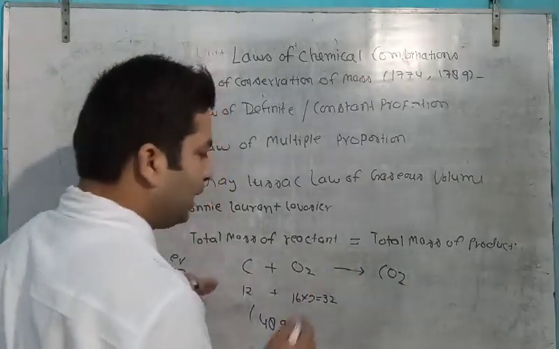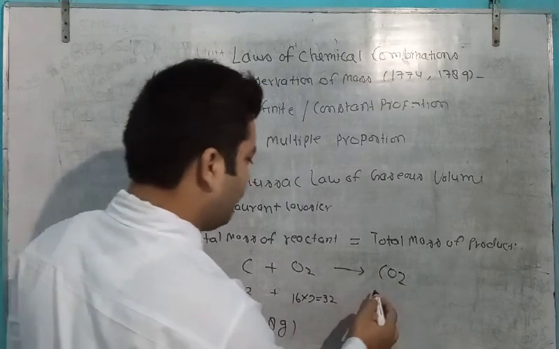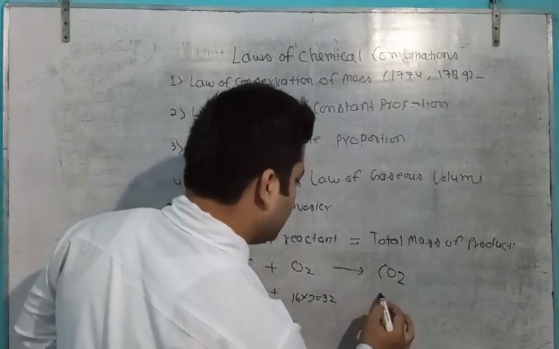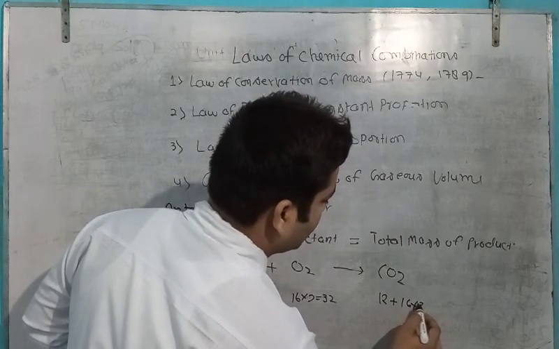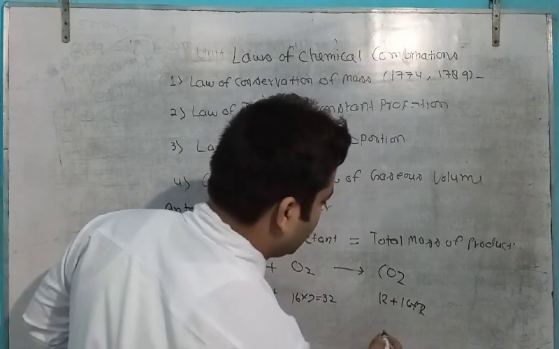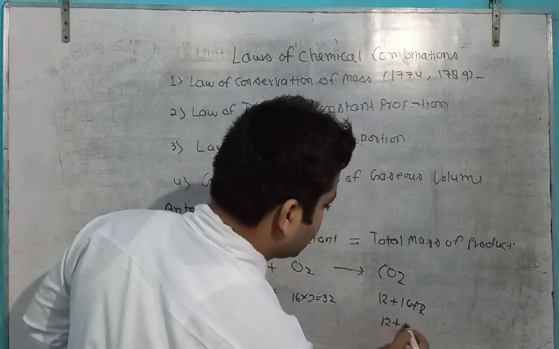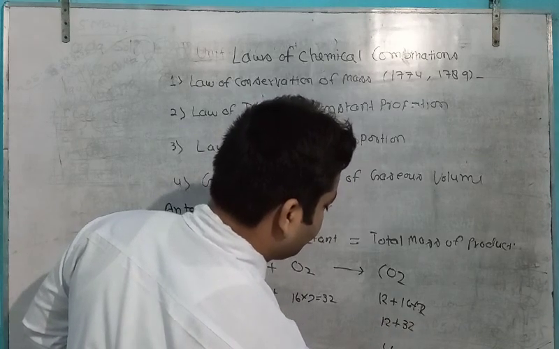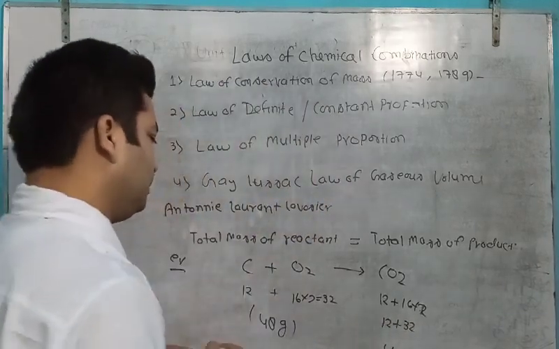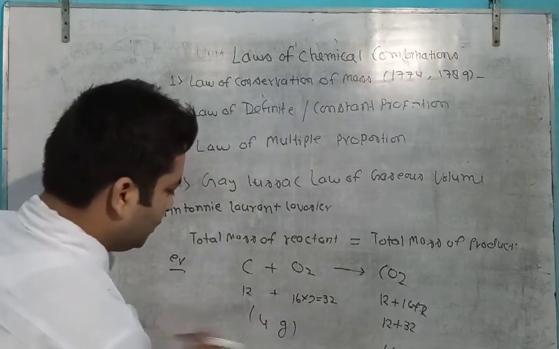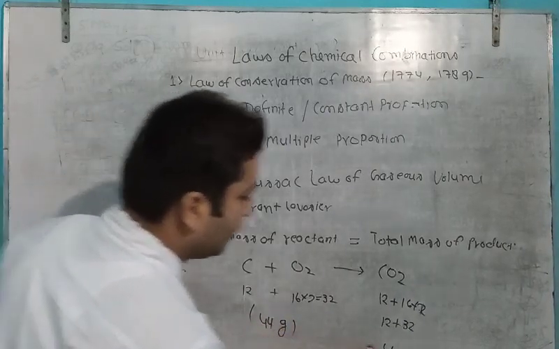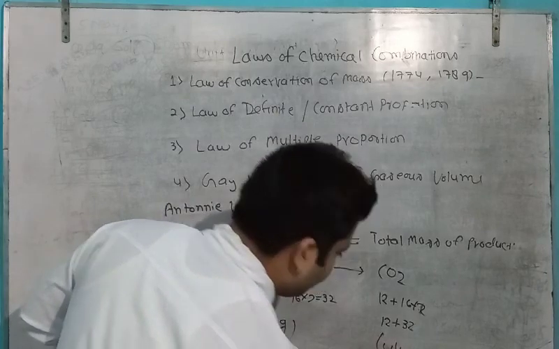The mass of carbon dioxide, the product, is 12 plus 16 into 2, which is 12 plus 32, that is 44 grams.